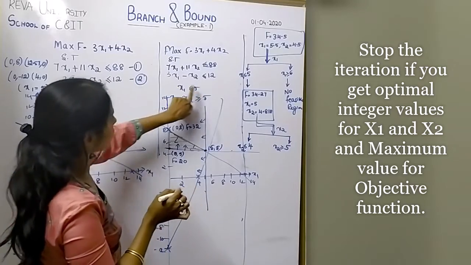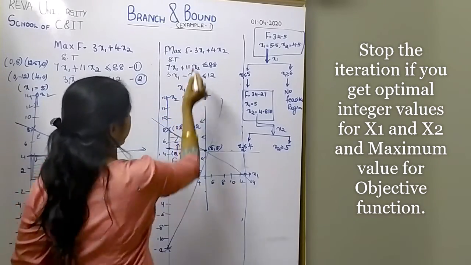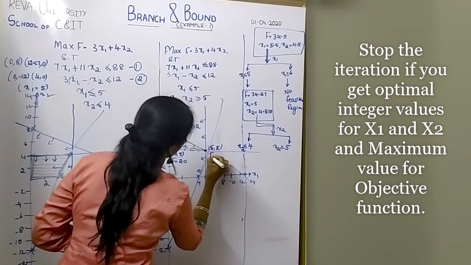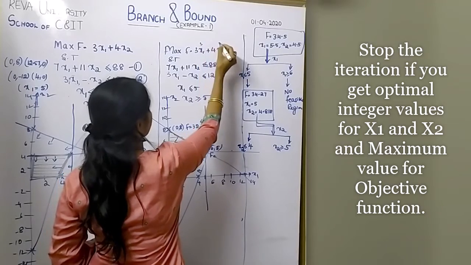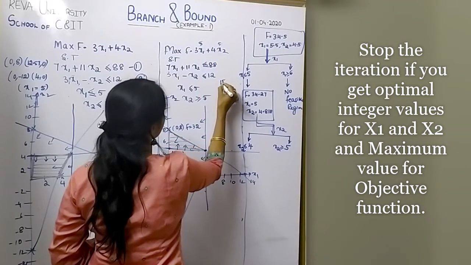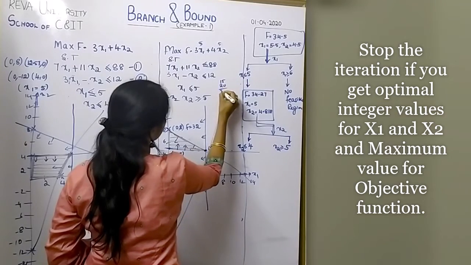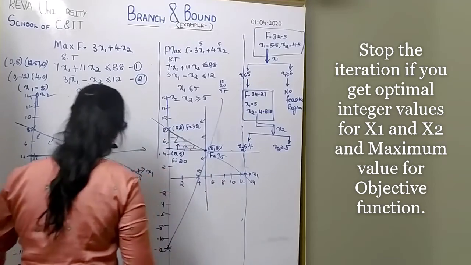Because you can see here x1 is equal to 5, x2 is equal to 5. So you will get 5, 5. What is your f value? If you substitute 5 and 5, it will be 15 plus 20, 35. F is equal to 35.